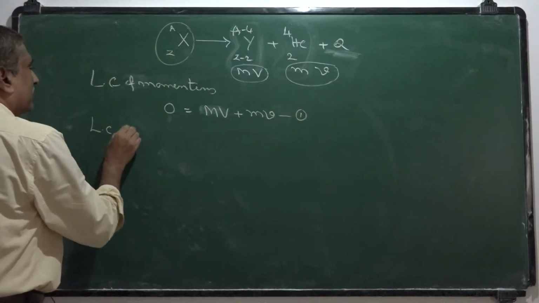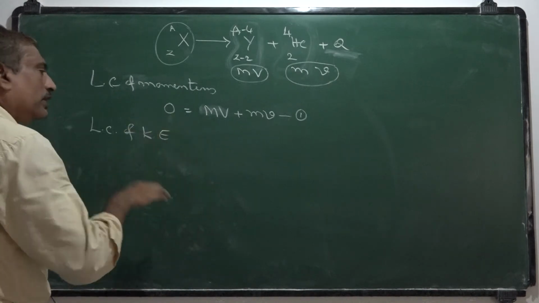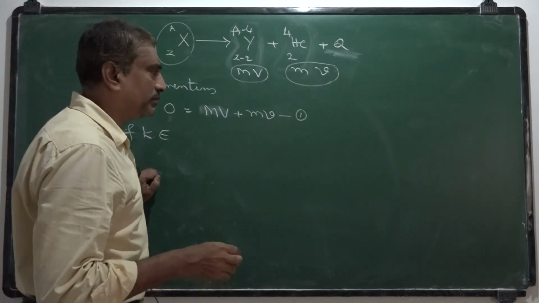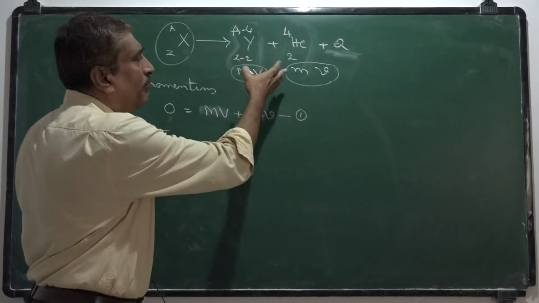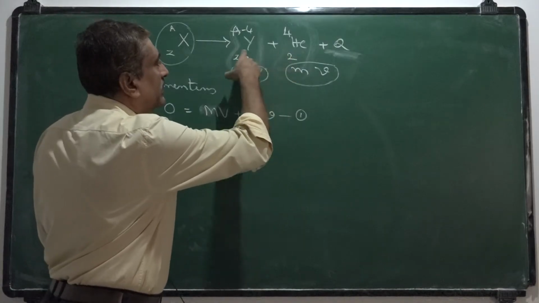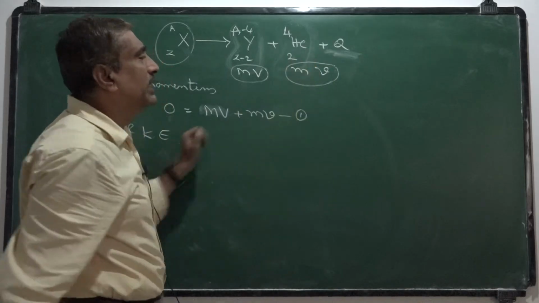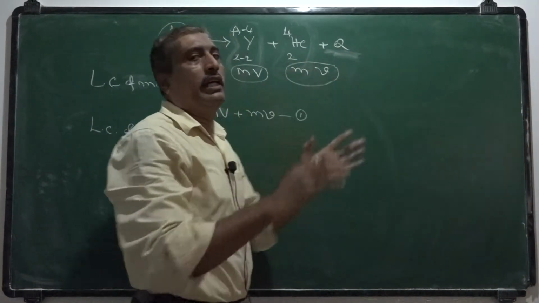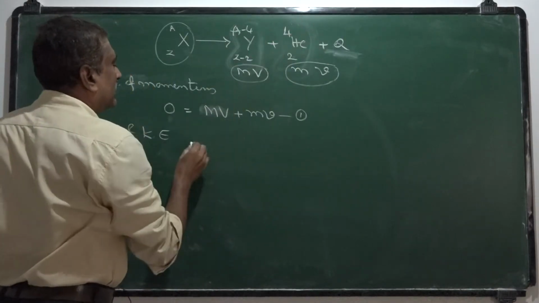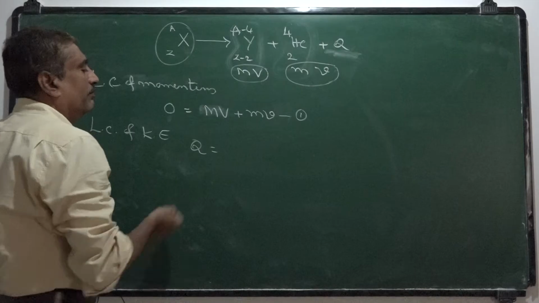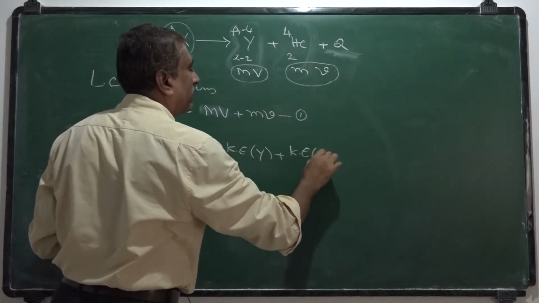By applying the law of conservation of energy: before emission the kinetic energy is 0, but after the emission the Q value goes to the kinetic energy of these two. That means the energy liberated in this reaction gives kinetic energy to the daughter nucleus and the helium alpha particle. Therefore we can write Q is equal to kinetic energy of Y plus kinetic energy of alpha particle.